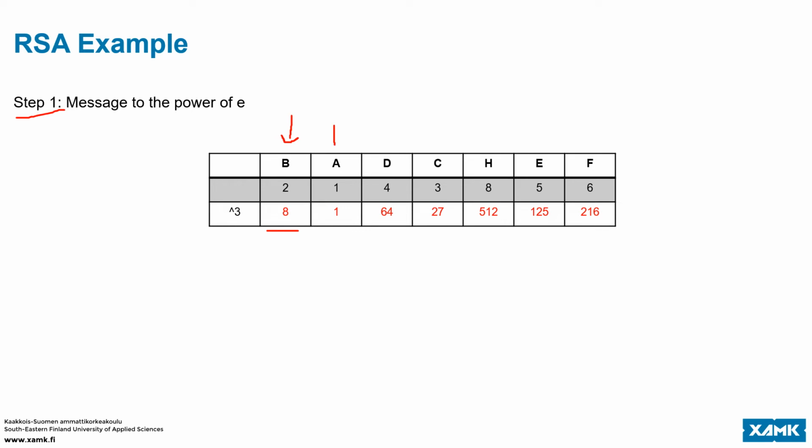Then for the next letter A, which corresponds to a 1, 1 to the power of 3 is still 1. For D, 4 to the power of 3 is 64, 3 to the power of 3 is 27, 8 to the power of 3 is 512, 5 to the power of 3 is 125, and 6 to the power of 3 is 216.